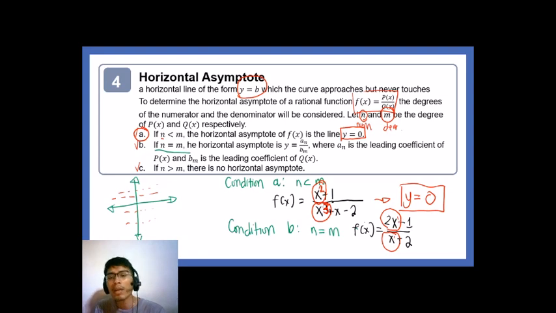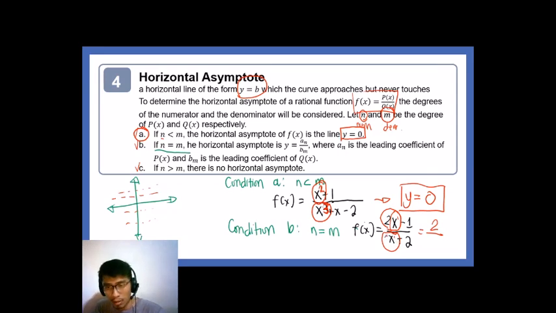So if the exponents of your numerator and denominator are equal, what you are going to do is simply get the number beside the highest exponent. What is beside x in our numerator? That is 2, so you simply copy that one. You also copy the number beside the highest degree in our denominator.